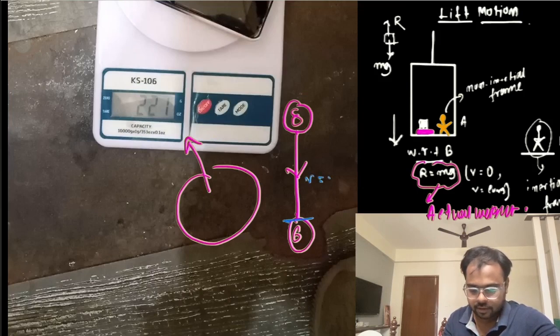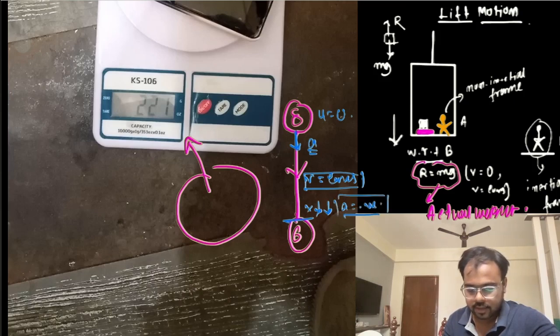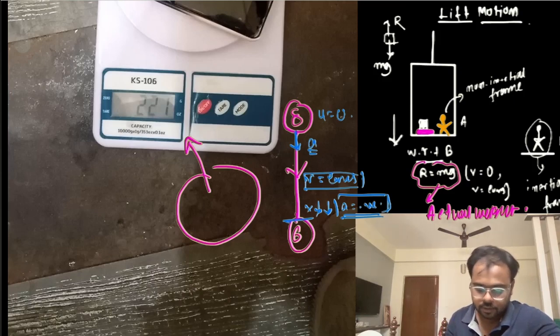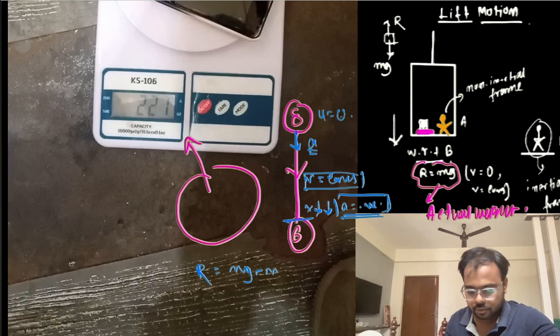So the initial velocity was 0, it starts with some acceleration, then the velocity becomes constant in between, and then the velocity gradually decreases to stop at the 6th floor. So the acceleration becomes negative, right? And whenever this acceleration becomes negative, here in this example, r equals mg minus ma during downward motion.